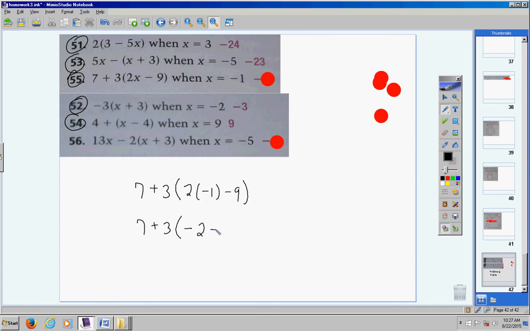Bring down your -9. Positive times a negative is negative. Now, you owe me 2, you owe me $9 more, so now you owe me 11. Next, we would not add these two numbers, of course not. We would multiply first. So a positive 3 times a -11 is a -33.